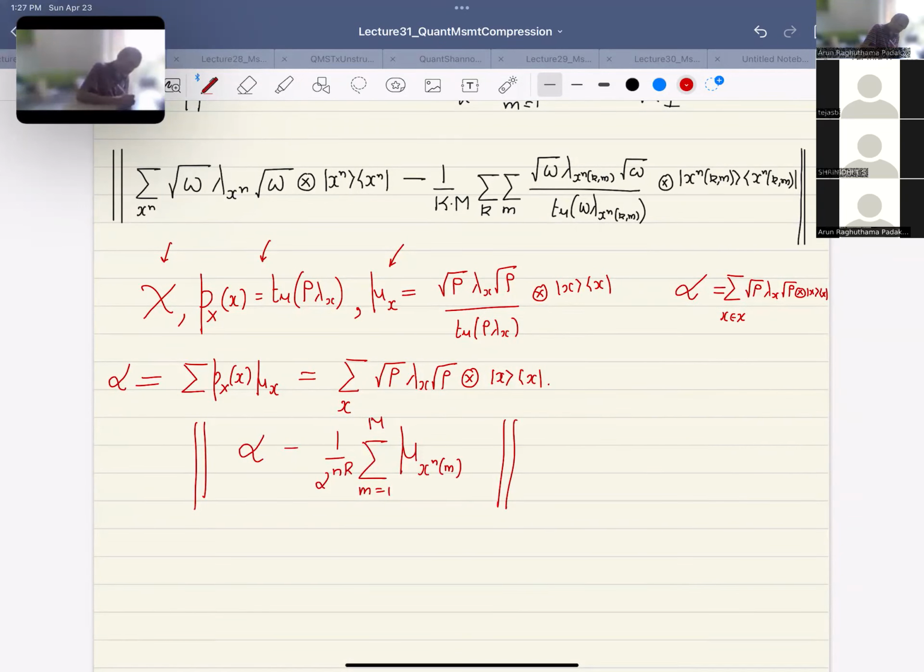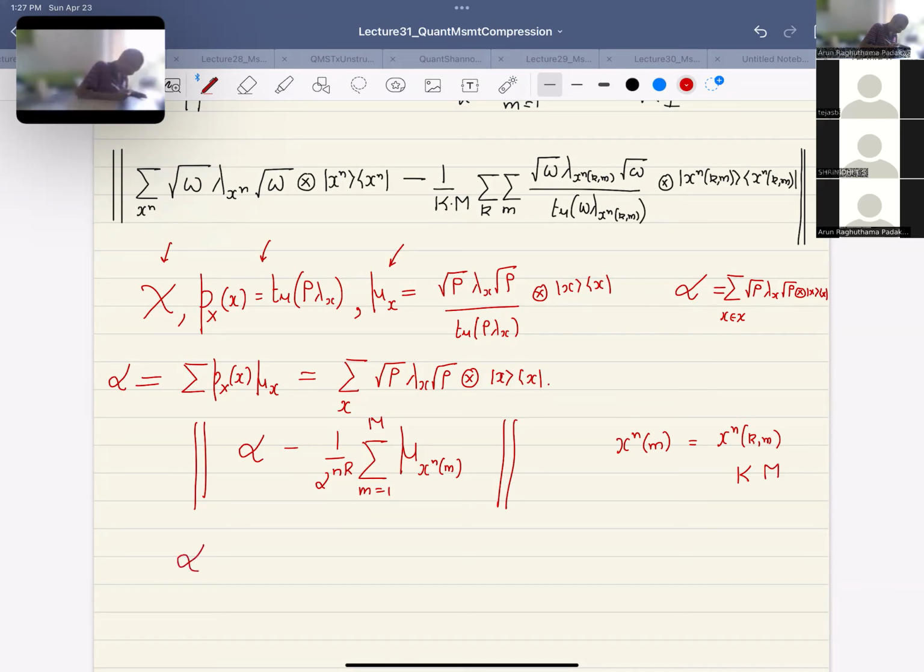Instead of this x^n(m), I'll just double index it. I'm going to call it x^n(k,m), double index. Who cares, right? If there are R bits, I'm going to split it into some 0.2 R as k and 0.8 R as m, right? So k, m.